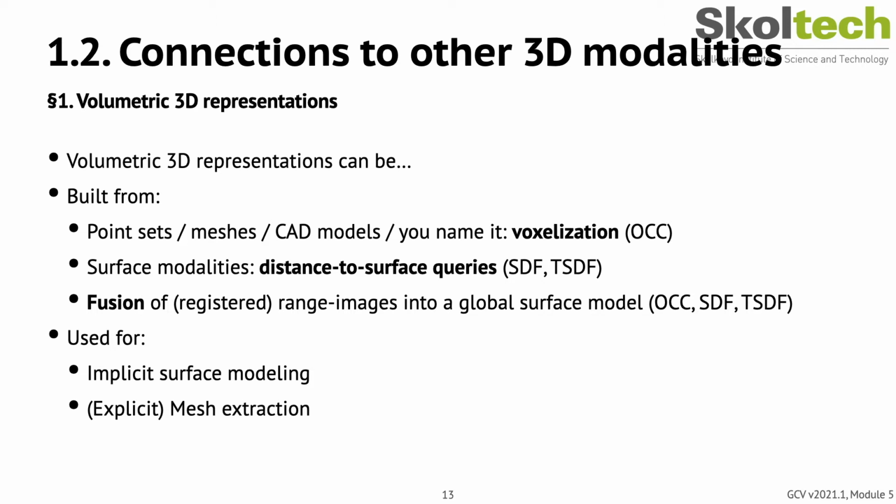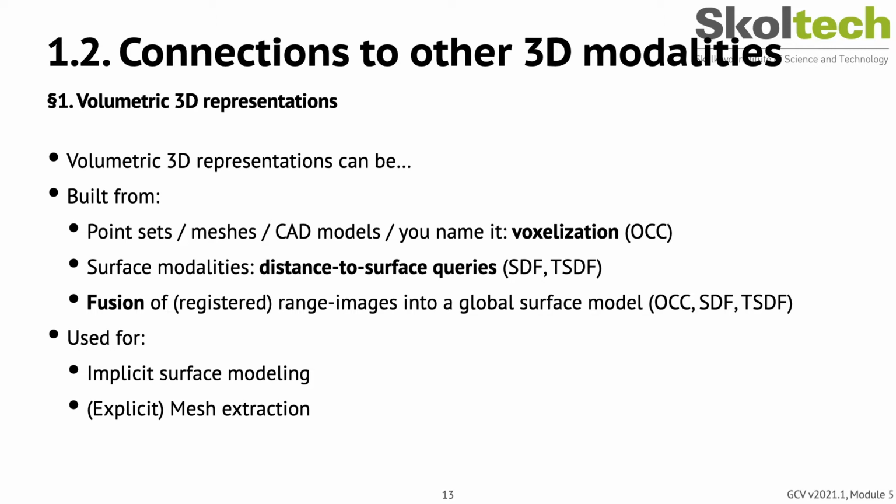Specifically, volumetric 3D representations can be built from any of the modalities out there, for example, from point sets or meshes or CAD models, or you name it, through a very simple process such as voxelization. It can also be built from surface modalities, where you can obtain SDF or DSDF or occupancy map using distance to surface queries from the surrounding volume.